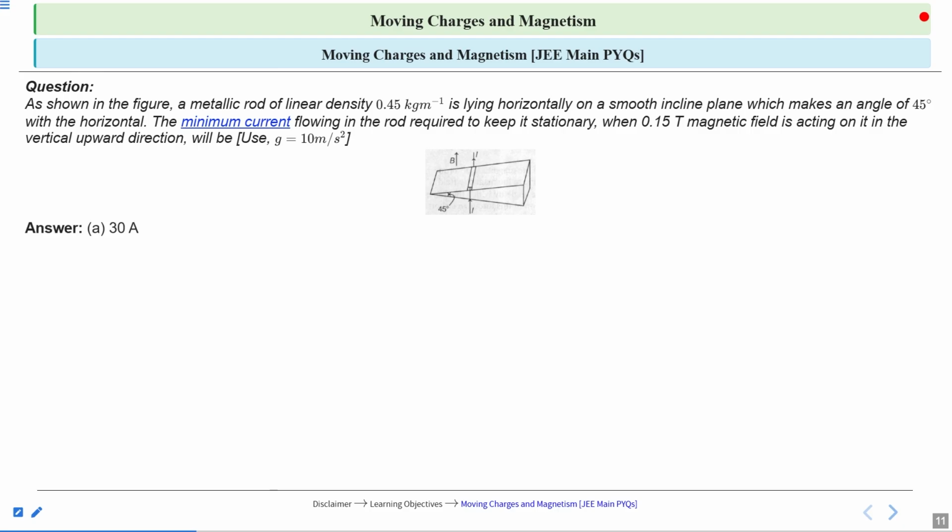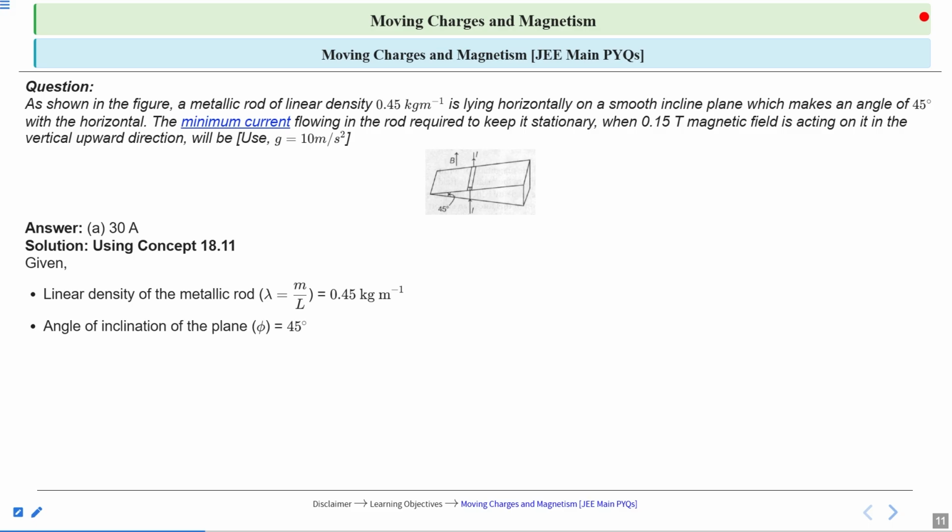Let's see the solution. The correct option is A, 30 ampere. Using concept 18.11, this concept number is from your formula book. Given the linear density of the metallic rod, denoted by lambda, which is equal to mass upon length, which is equal to 0.45 kg per meter.